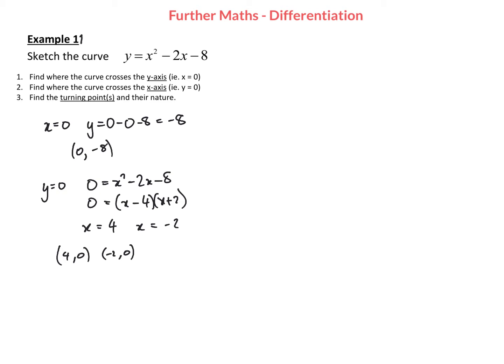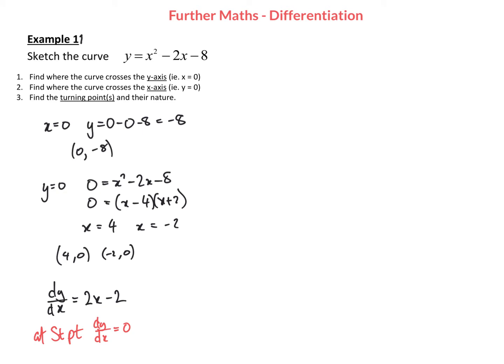And finally then we want to see, well, where is the turning point? And so for that we need dy by dx. So first of all, dy by dx, what's it equal to? Well, when we differentiate x squared, we get 2x. When we differentiate minus 2x, we get minus 2. After that, we always say, to find our stationary points, at stationary points, dy by dx equals 0.